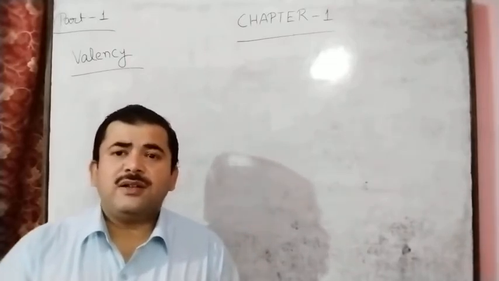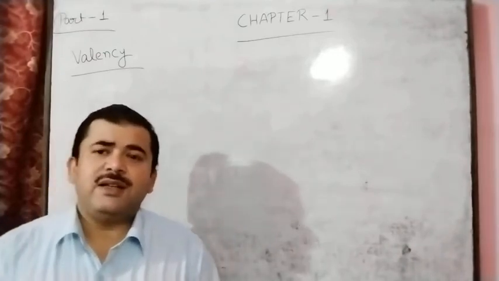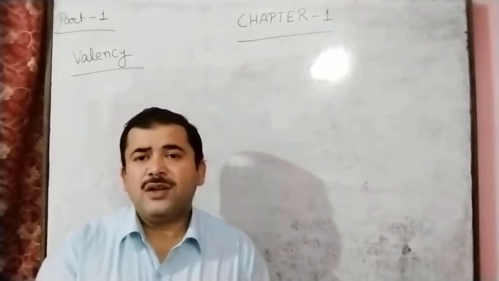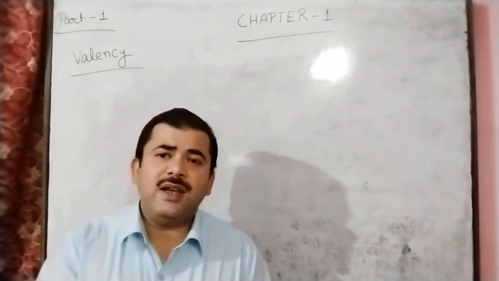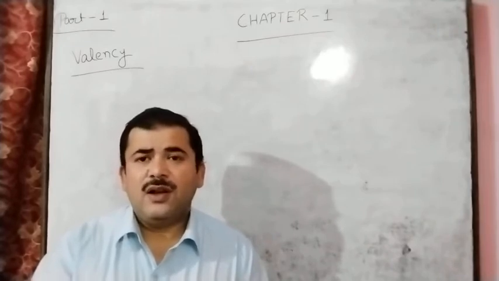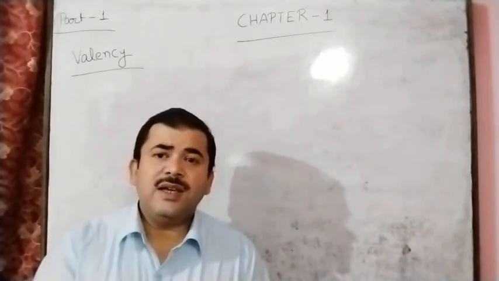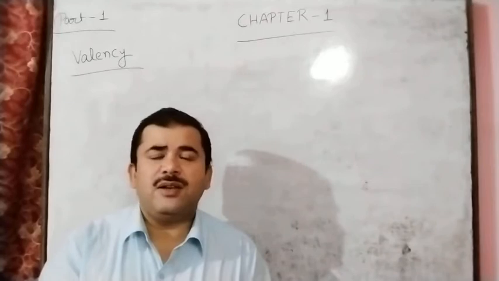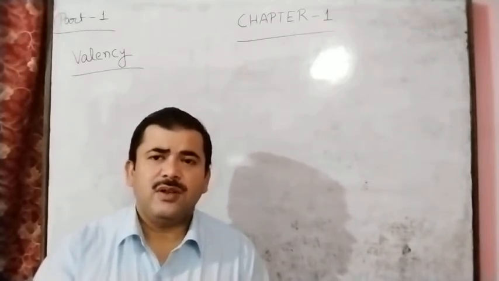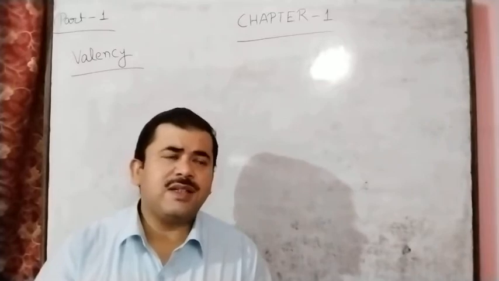So here the word stability came. 118 elements are present in the periodic table, and these elements are not all stable. Only a few elements are stable.